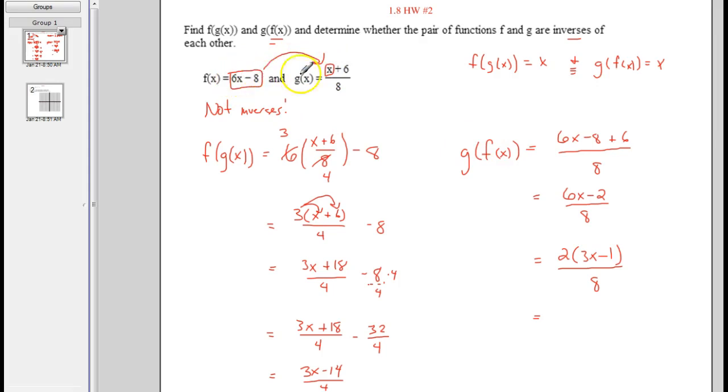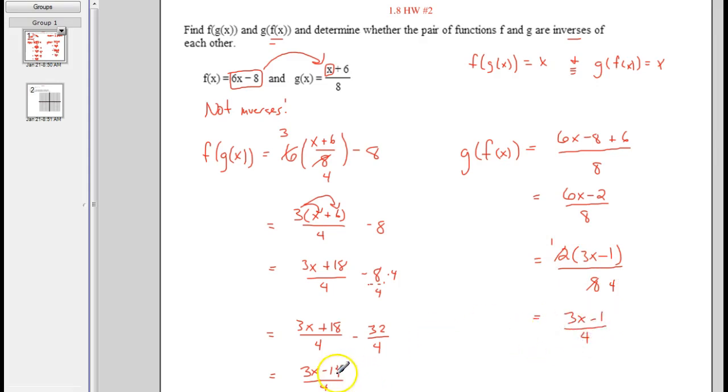So 6x minus 8 is replacing the x. Okay, that's where the x was. And then plus 6 divided by 8. So minus 8 plus 6, that's a minus 2. There's a common factor of 2 here, so I'll pull the 2 out. 6 divided by 2 is 3x minus 1, or sorry, minus 2 divided by 2 is minus 1. And then this 2 and this 8 will reduce, and I end up with 3x minus 1 over 4.